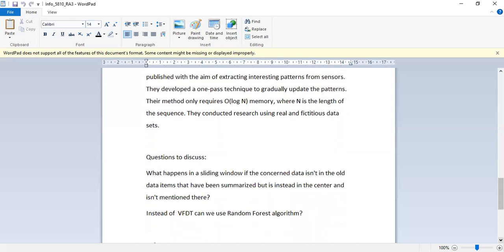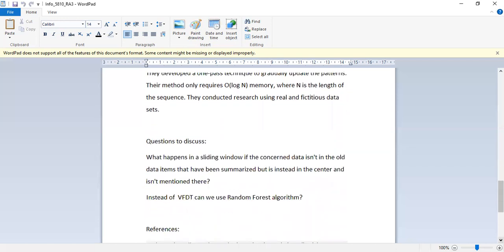Coming to the questions that I got while studying this paper: there is this writer who developed VFDT. His name is Domingos. It is a decision tree learning system. It splits the tree using the current best attribute, taking into consideration that the number of examined data sets satisfies a statistical measure.